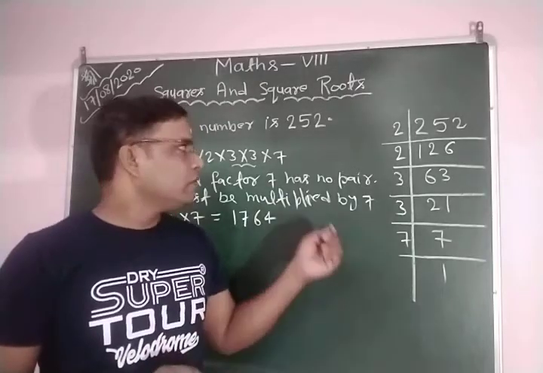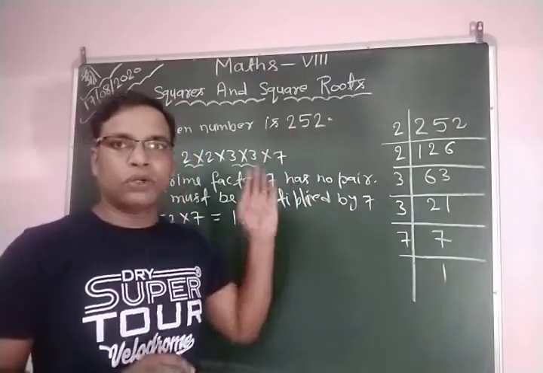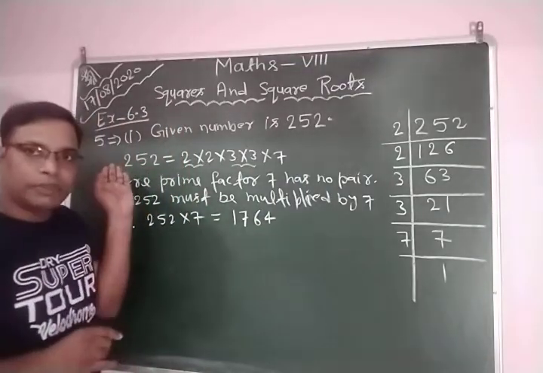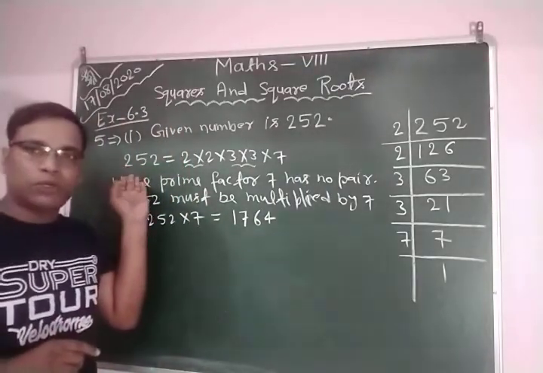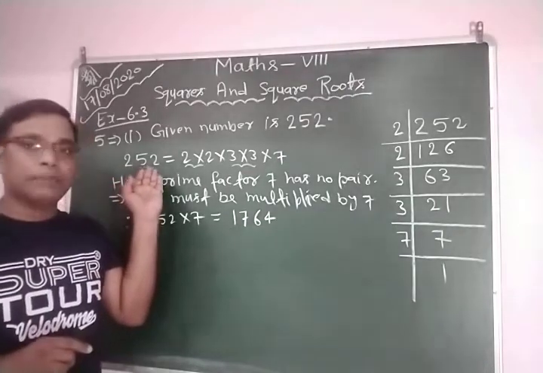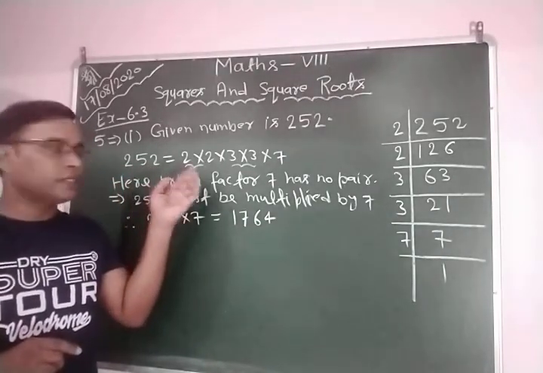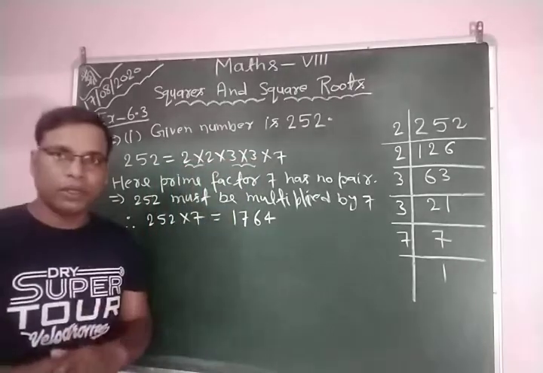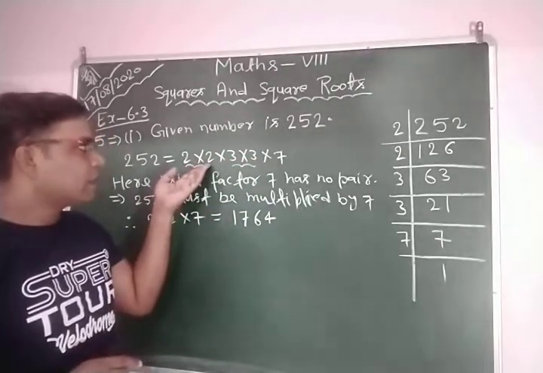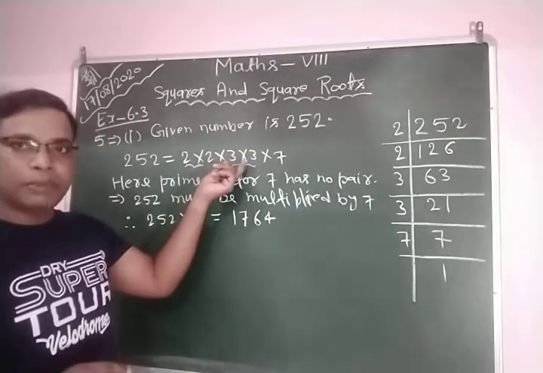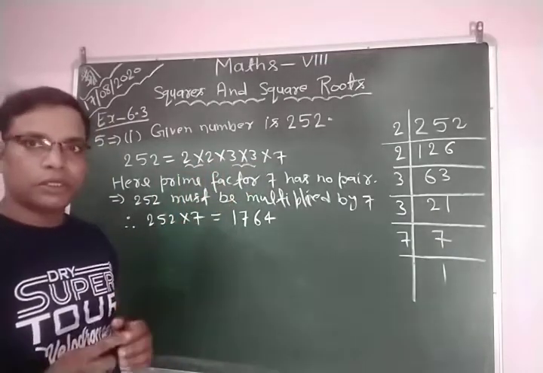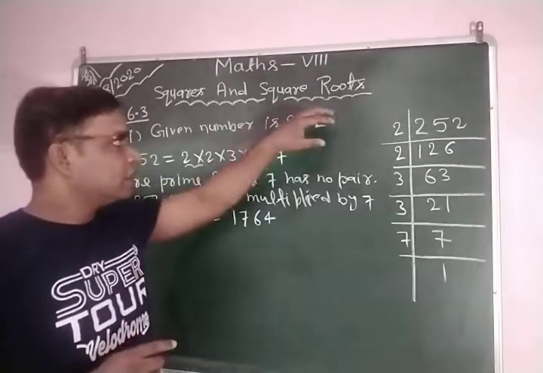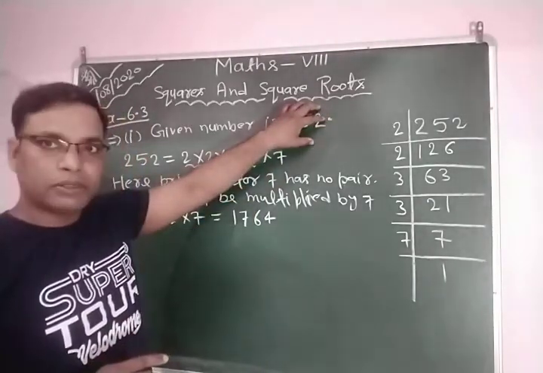Okay, why do we multiply 252 by 7? Because you can see here we expressed 252 in the form of prime factors, so we obtained 2 into 2, 3 into 3 into 7. 2 is in pair, 3 is in pair, but 7 has no pair. So for this number to become a perfect square, we multiply by 7 or we divide by 7.